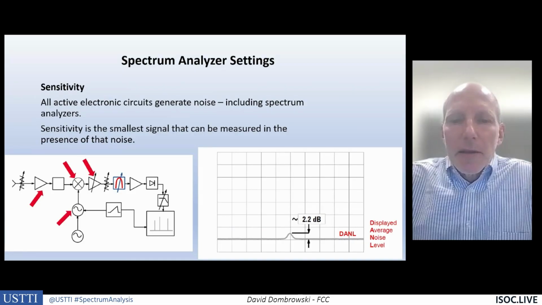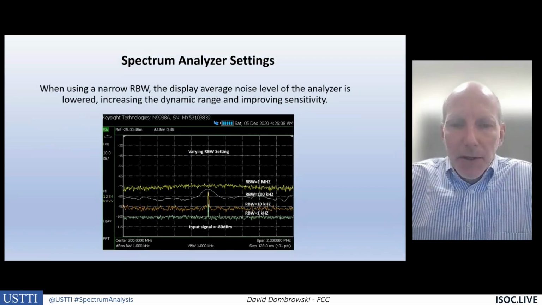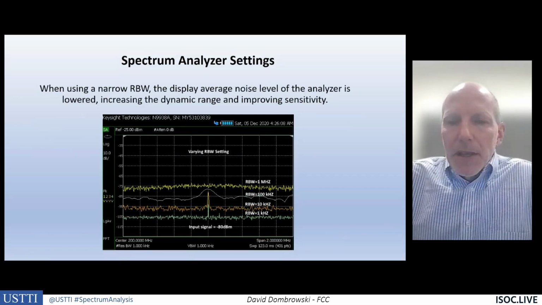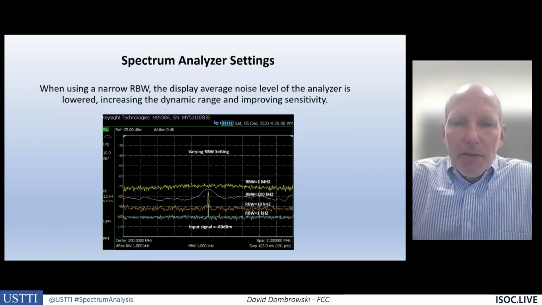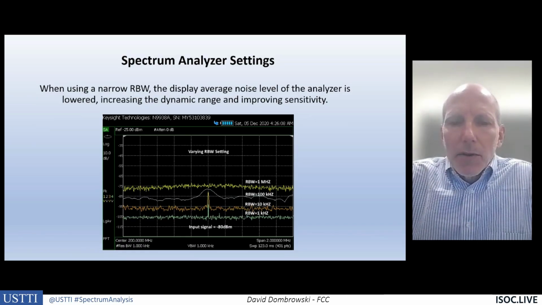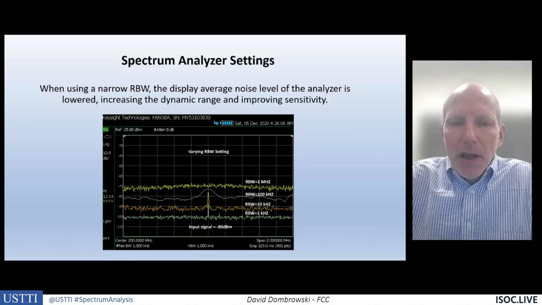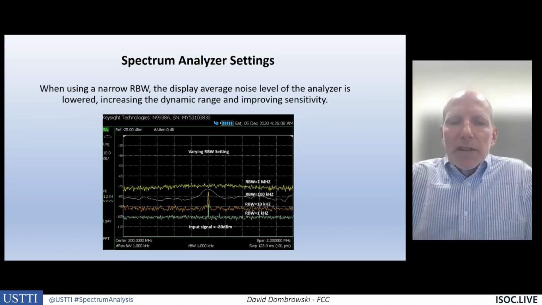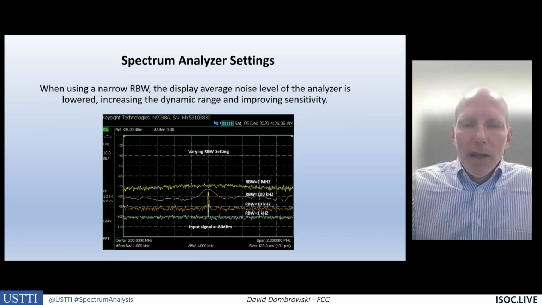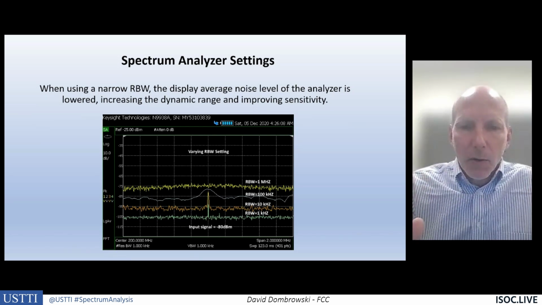display average noise floor is impacted by the resolution bandwidth filter. And here we show that in this graph. Here in the yellow, the top spectrum that we display on our analyzer, that resolution bandwidth filter is 1 megahertz. What's happening is that filter is so wide, we have a lot of internal noise from the analyzer in that filter at once, and we have all the radio signals at once in that filter.